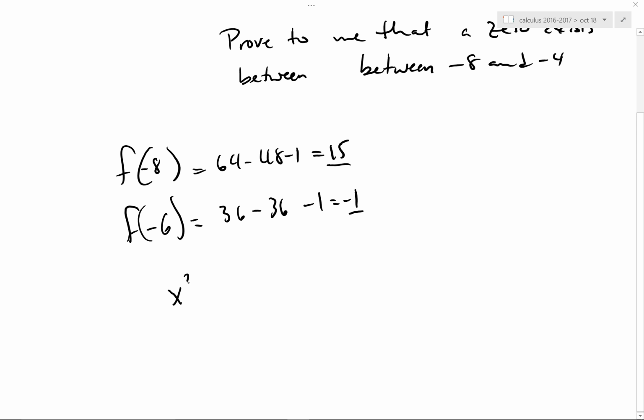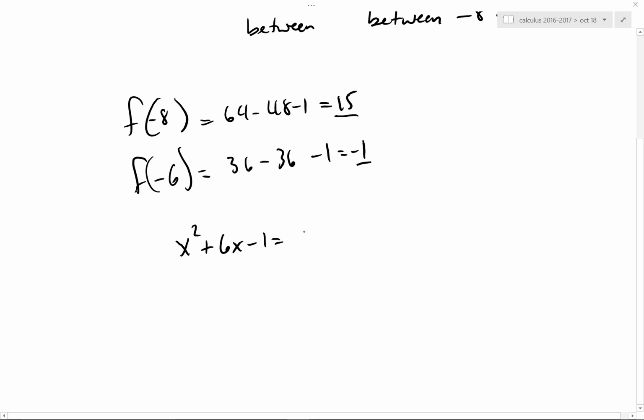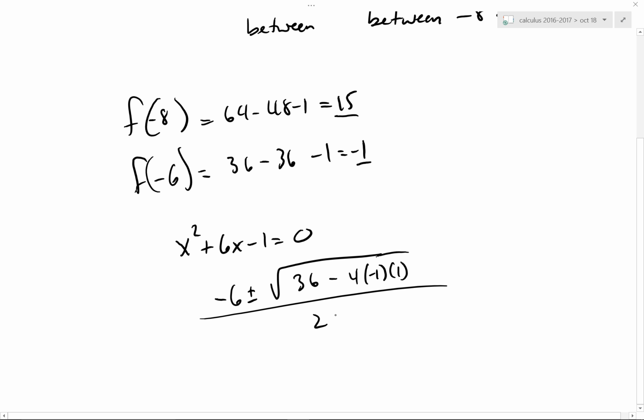Okay? So then here's my question. Where would that value exist? Well, in that case, I'd want to set it equal to the value in question. And the value in question this time happens to be 0. Well, we know how to solve this. So the quadratic formula, for instance, you get 36 minus 4 times a times c over 2.